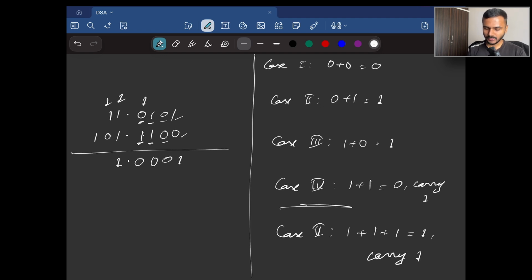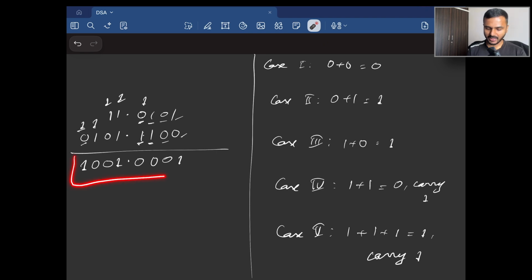This brought us to case 4, where we have 1 and 1, which will become 0 with a carry of 1. And then again, we have case 4, which is 1 and 1. So this will become 0 with a carry of 1. Now, as we don't have anything over here, we can put a 0 and this will become 1 plus 0, which is 1. So our final result is 1001.0001.